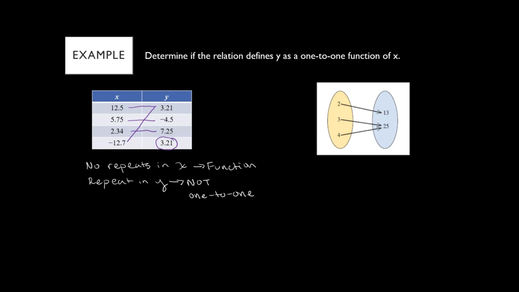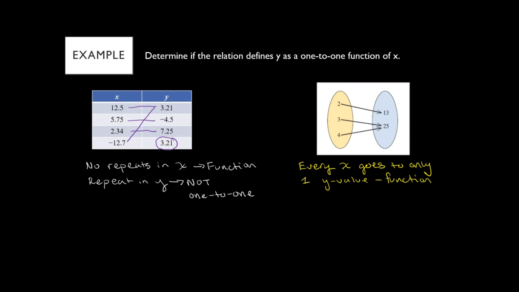The example on the right, we're given this picture here. So every x is going to only one y value. So this one on the right is a function, if we think of it that way. Every x goes to only one y value, which tells us it's a function.